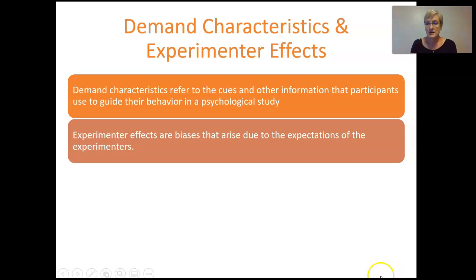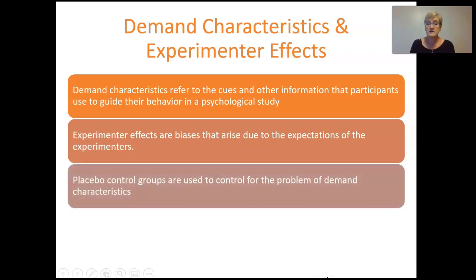If you are an experimenter and you are even subtly communicating your hypotheses or your other expectations, subjects can either kind of go with that, or they can fight against it, depending on their point of view. So, like demand characteristics, you want to keep experimenter effects to a minimum, such that you will not bias the responding of your participants.